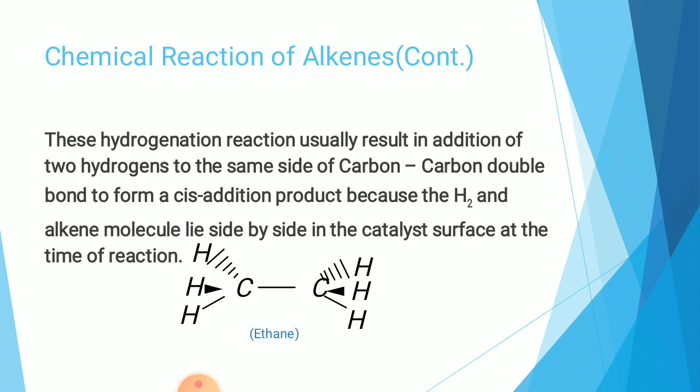Earlier we discussed that when the substituents are on the same side of the carbon-carbon double bond, it is a cis product, but when they are on the opposite side, it is a trans product. This cis addition occurs because the hydrogen and alkene molecule lie side by side on the catalyst surface at the time of reaction.